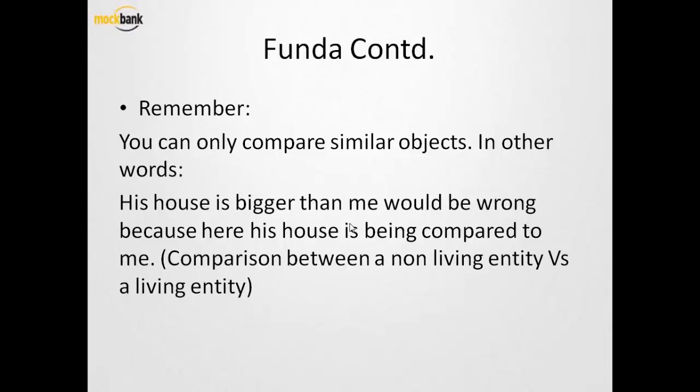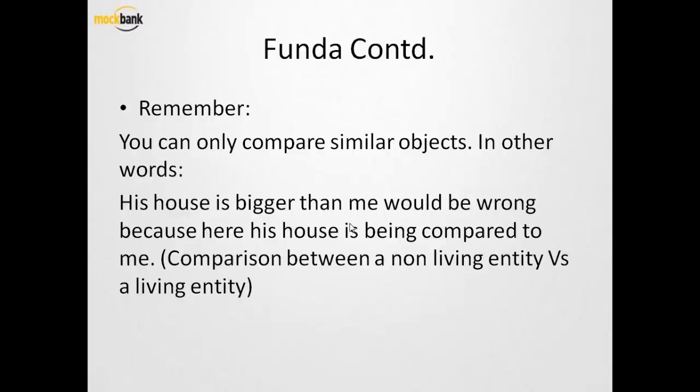Next we move to a second funda. This is one of the most important rules that you need to remember, that you can only compare similar objects. This is one kind of question that has been asked a lot of times across various banking examinations. An example over here would be, his house is bigger than me.